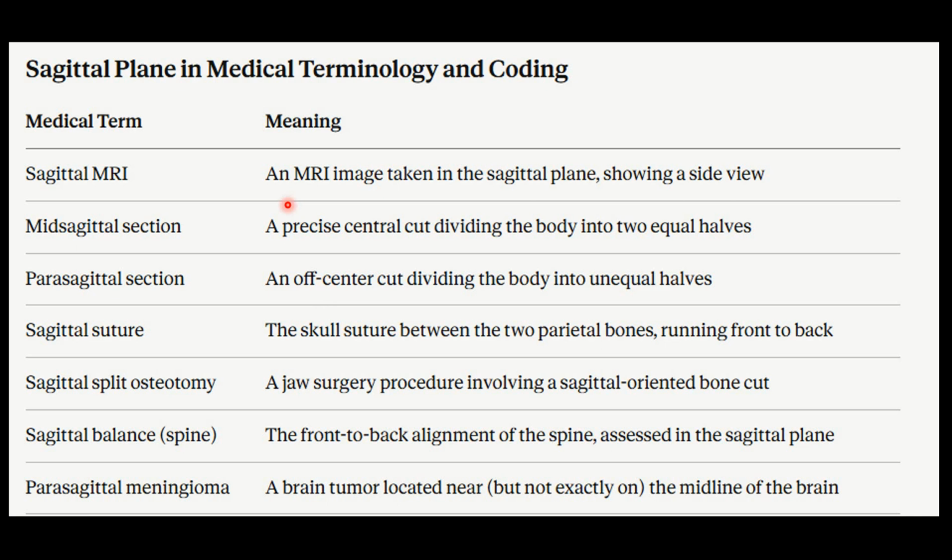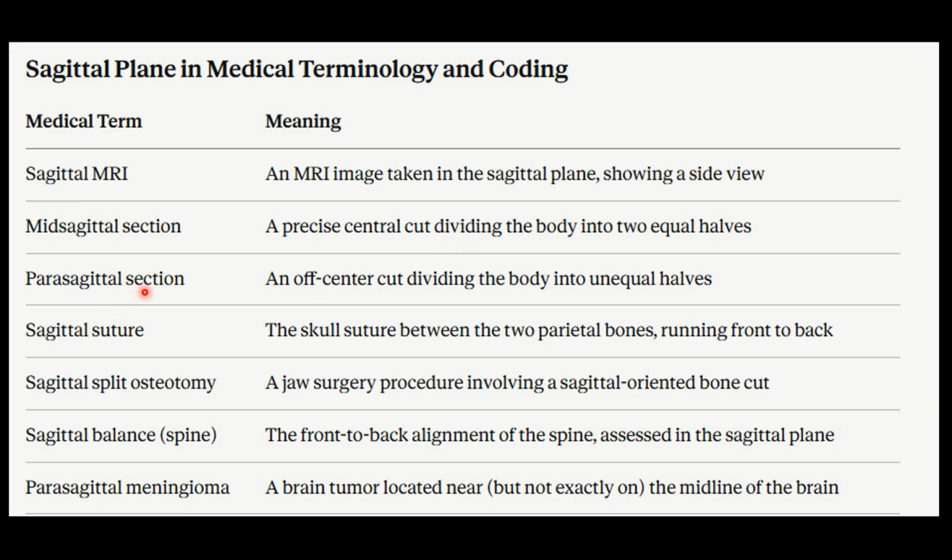Now let's see how it is utilized in medical coding and medical science. You can see there are some terms that I have noted down along with their meanings. The first one is sagittal MRI: an MRI image taken in the sagittal plane showing the side view. Then we have mid-sagittal section, which means a precise central cut dividing the body into two equal halves.